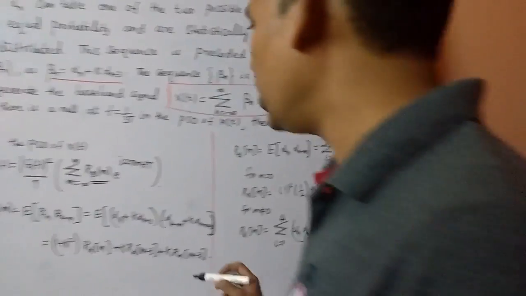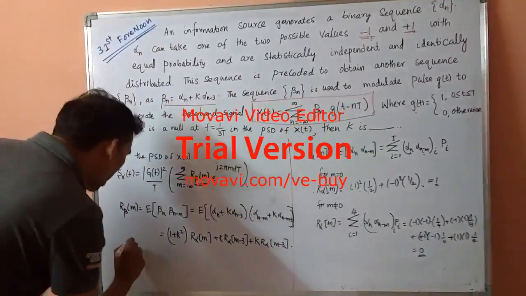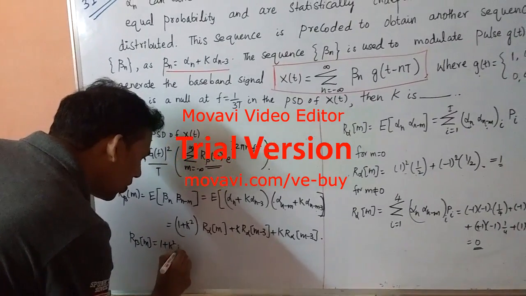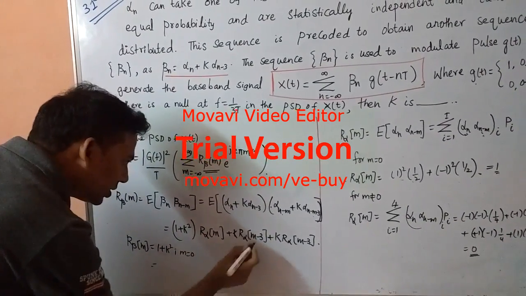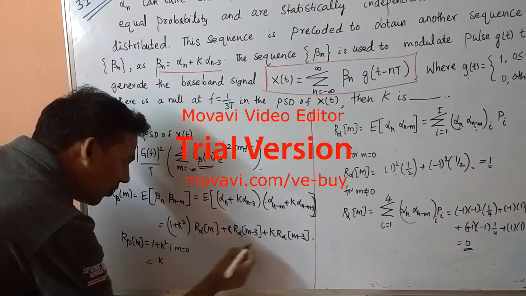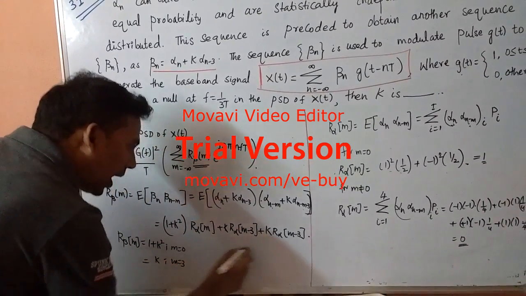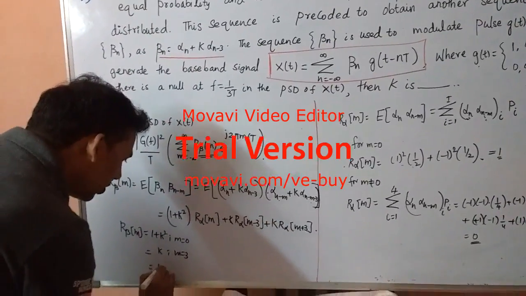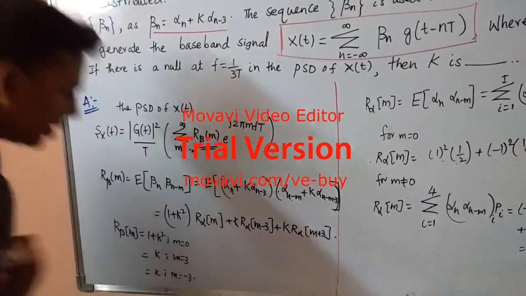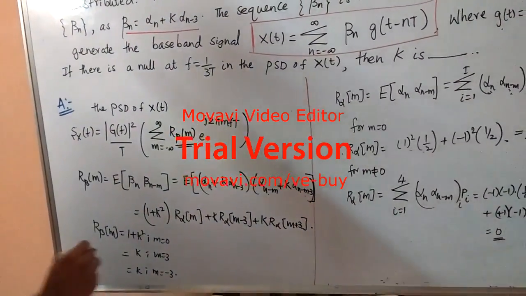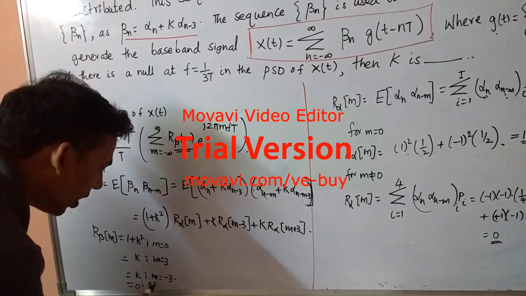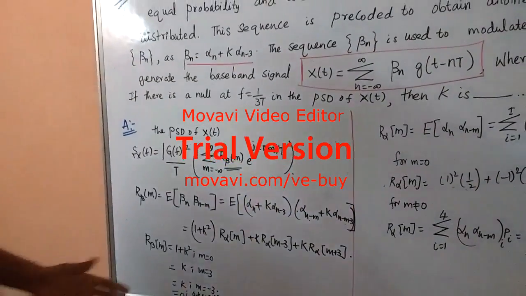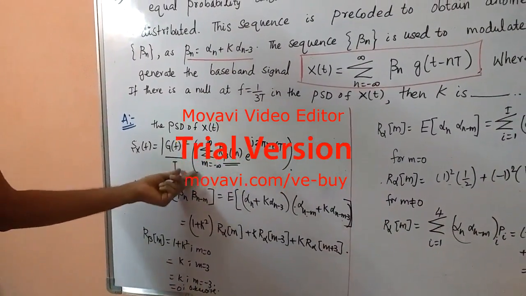By substitution of these values in the autocorrelation function of beta, r beta of m equals 1 plus k square when m equal to 0, 1 plus k for m equal to plus 3, and k for m equal to minus 3, and 0 otherwise. Now these values of the autocorrelation function we have to substitute in this definition.